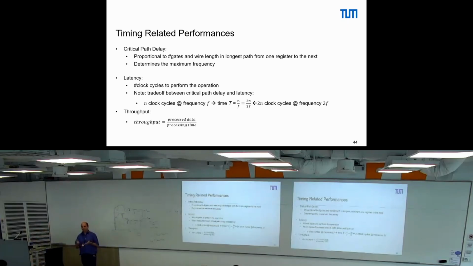So, if we process more data, then we can increase the throughput. Why? Because we can do a pipelining approach. In the first clock cycle, we process the data from here to here. In the second clock cycle, we process the same data word from here to here, and the next one we already prepare.